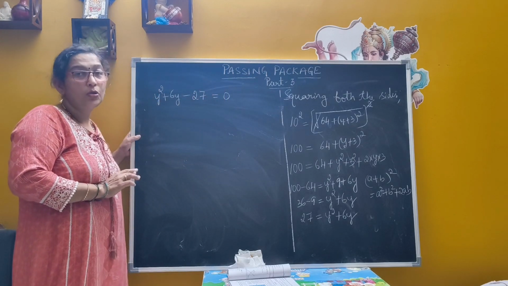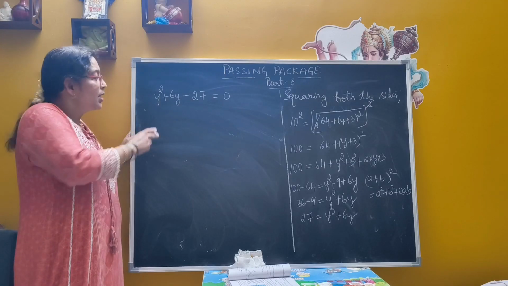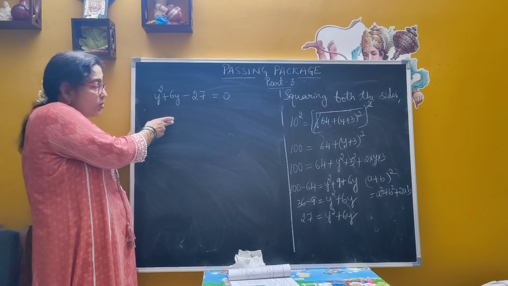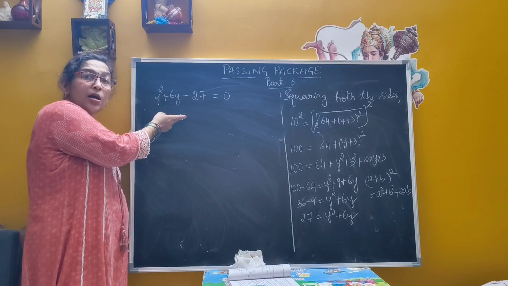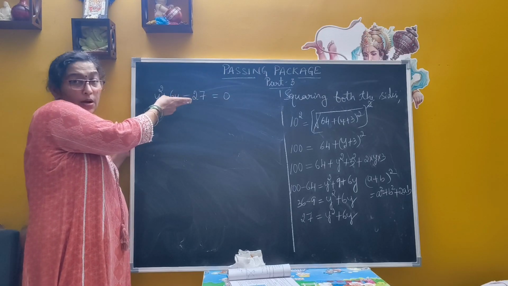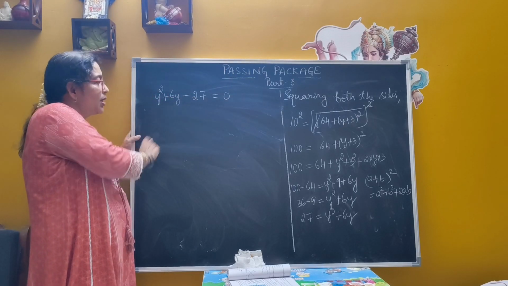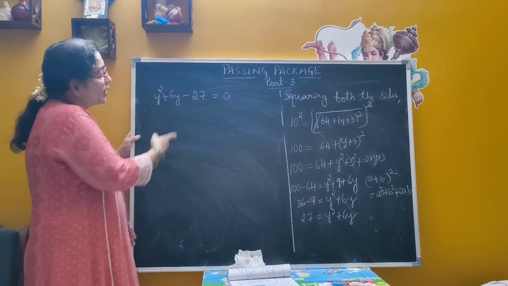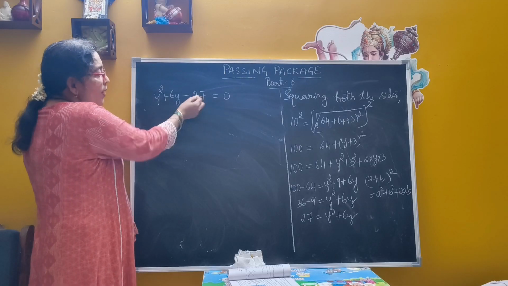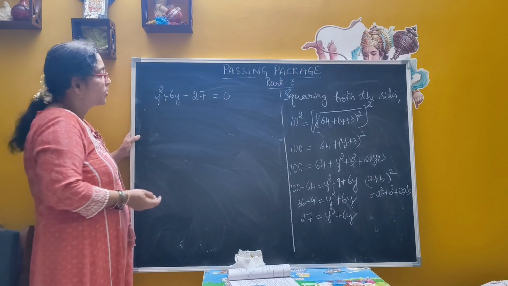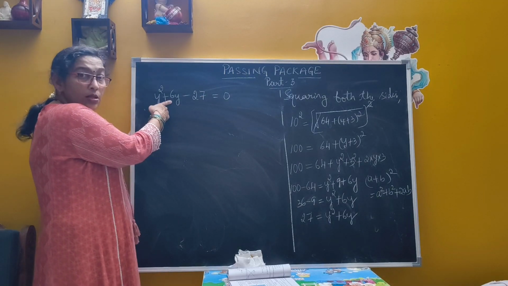Now you know how to solve a quadratic equation. You can use either the formula or the splitting the middle term method, that is factorizing the trinomial. So if you want to factorize this, -27 should be the product and 6 must be the sum.